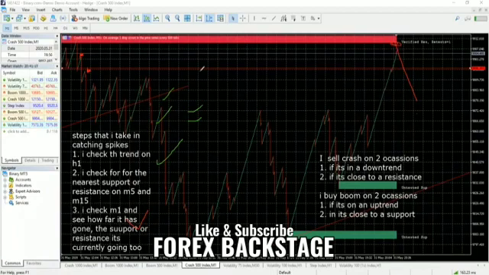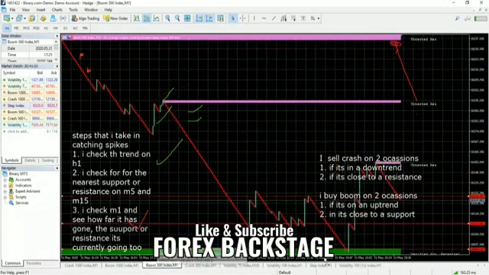So let us go and check our Boom and see if it has boomed up. Boom 500. Okay, you see, it looks like Boom 500 is going to be breaking the first resistance that I told you.